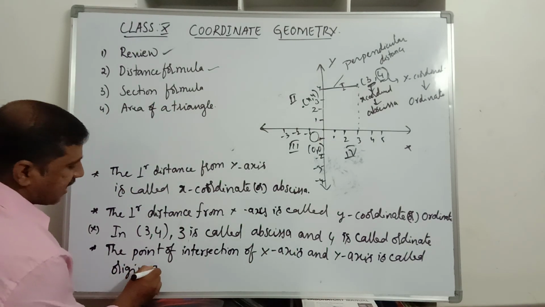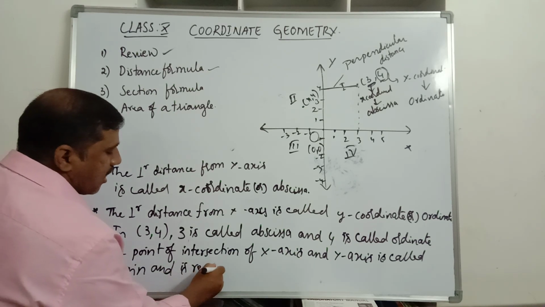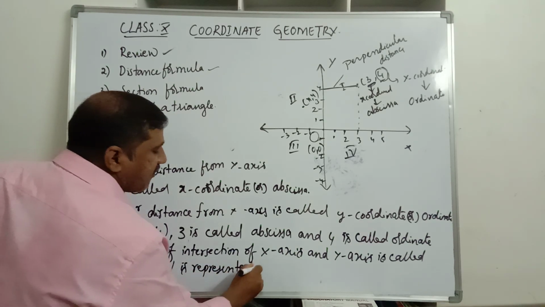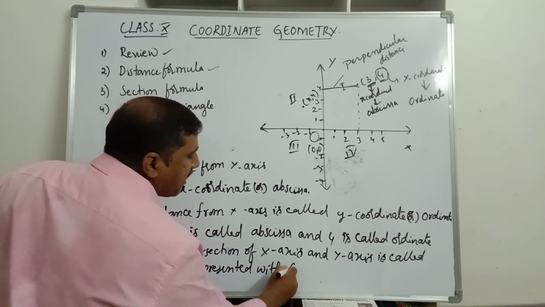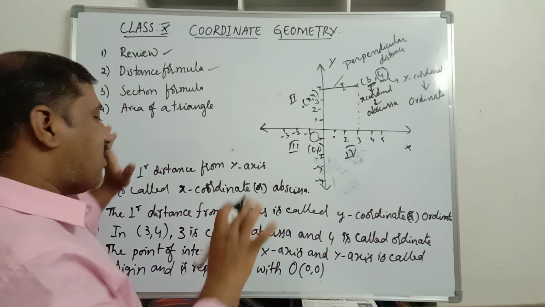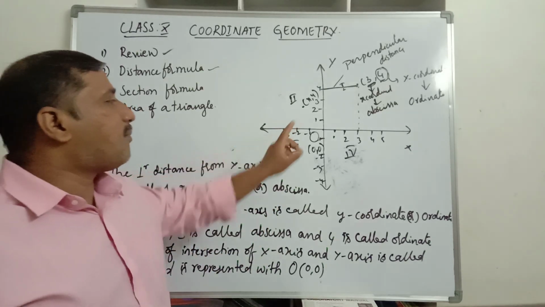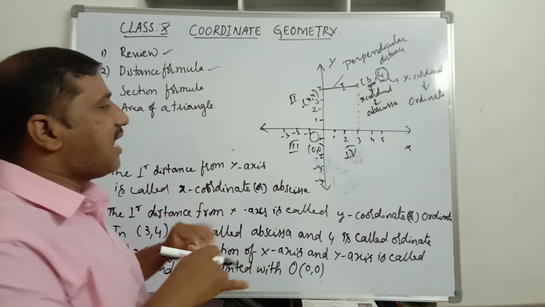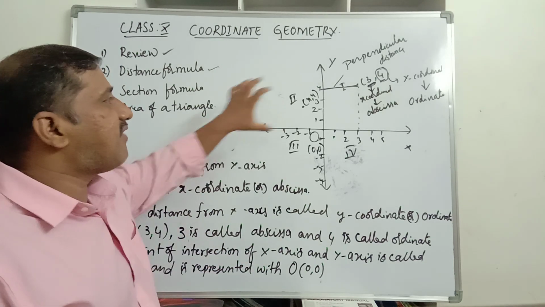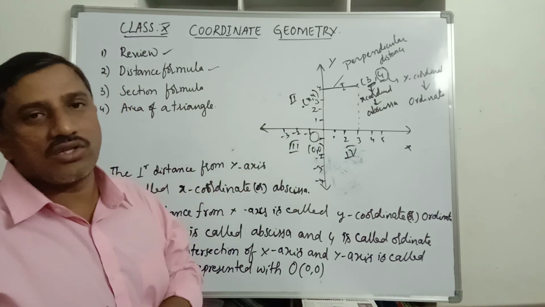It is represented with the capital letter O, and its coordinates are 0, 0. The plane is divided into 4 quadrants: first quadrant, second quadrant, third quadrant and fourth quadrant.